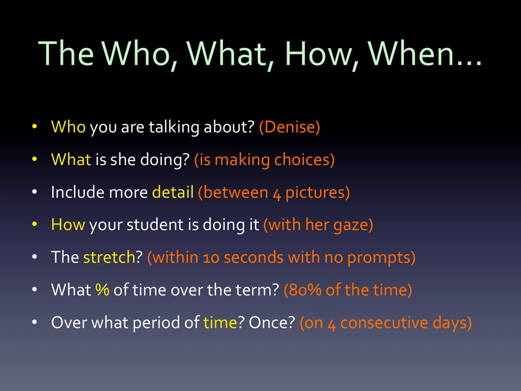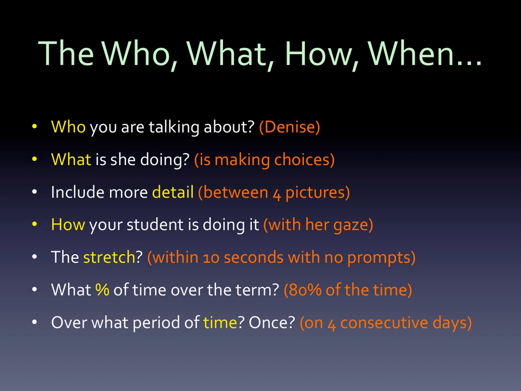Make choices. Add more detail: 1 choice, 2 choices, 3 choices, pictures, objects, symbols, between 2 objects. How is she going to make these choices? With her reach, her vocalization, her word approximation, pointing, with her gaze?